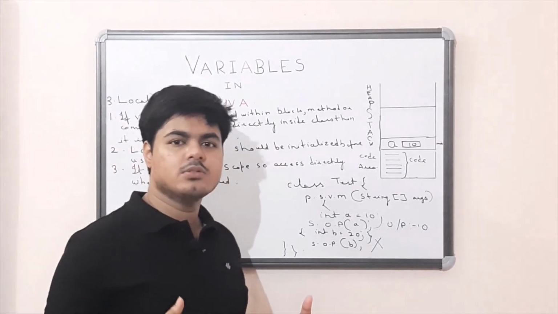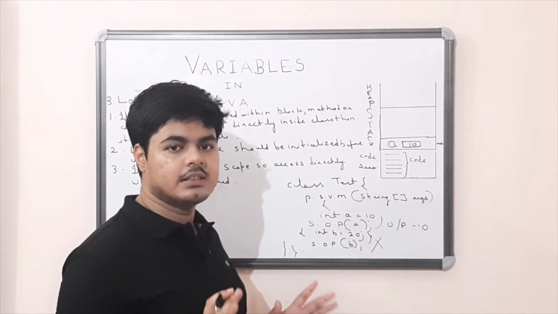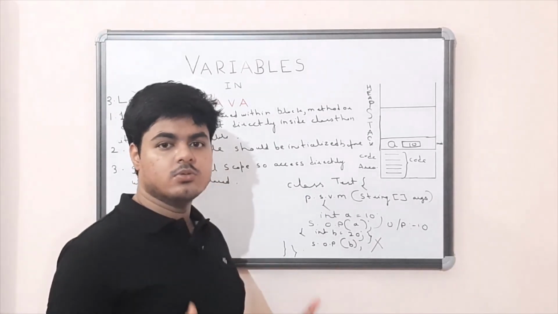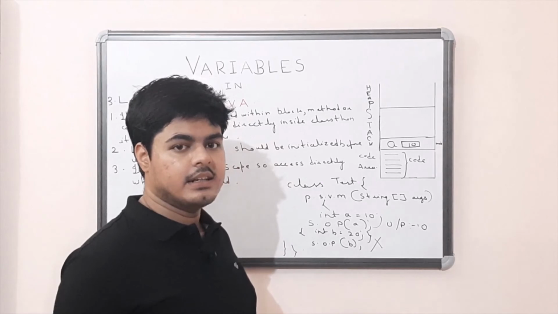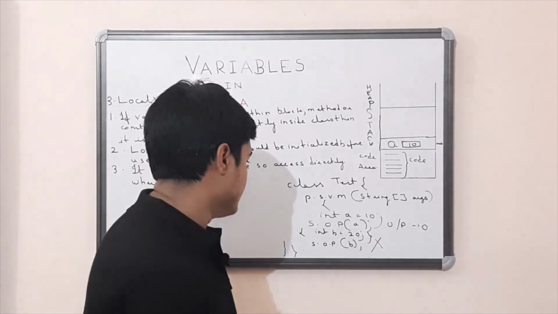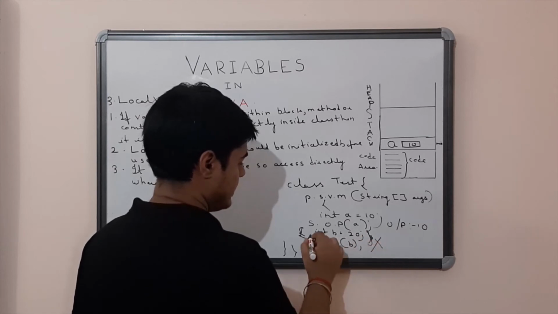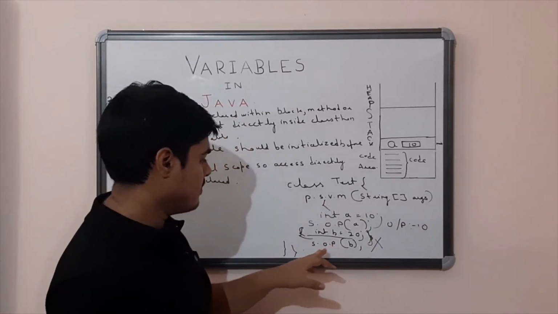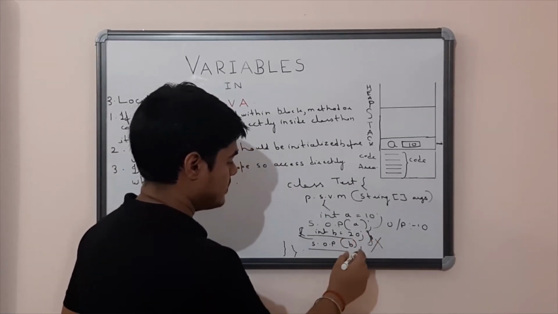It is simply used for performing certain things inside a method, constructor or block. So you cannot access it using the class name or object name. You have to access it directly where it is declared. Like suppose we are declaring an int variable b. It is a local variable since we declared it in the main method, but we are accessing it outside this block, so it will show an error.